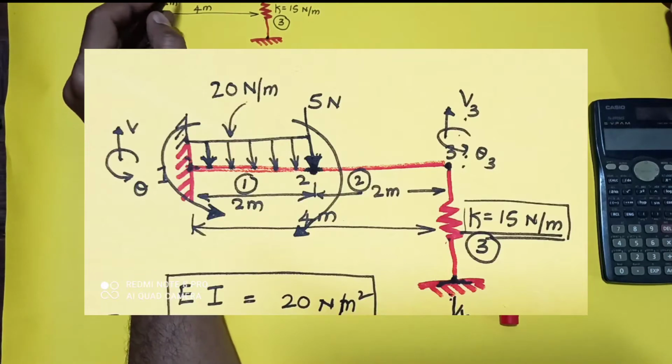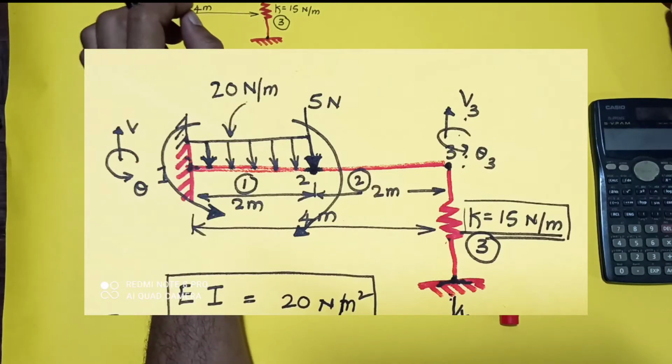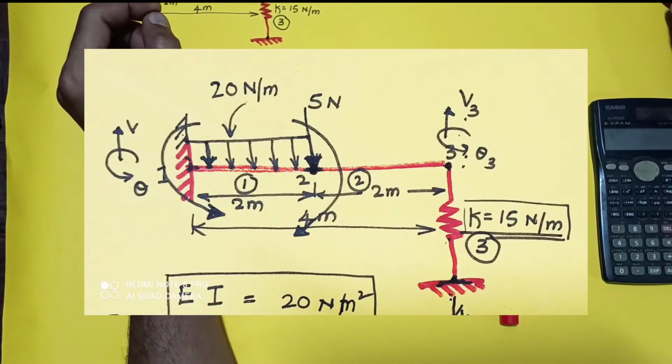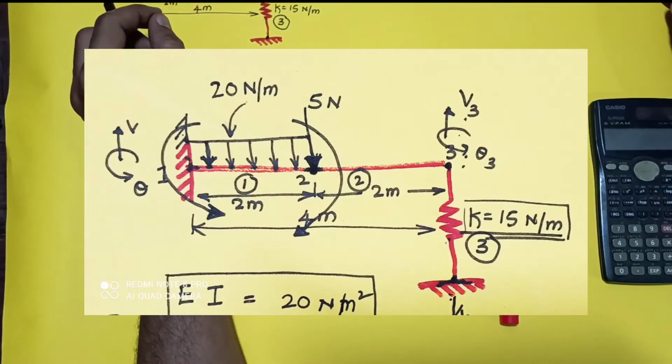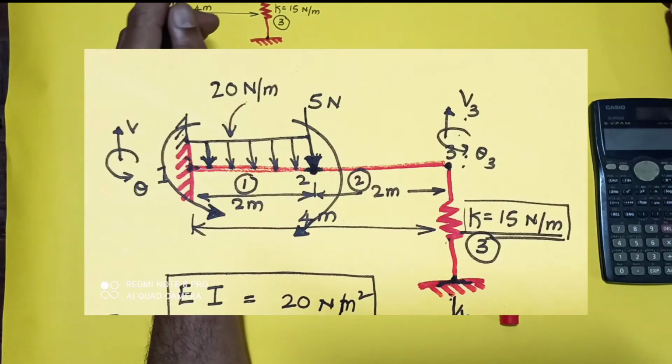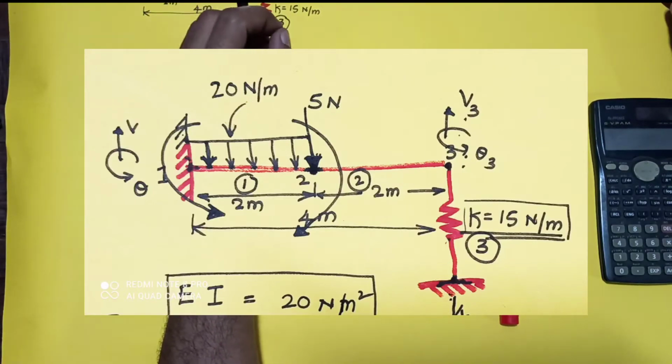Now when solving this problem, for 1 to 2 we need to consider a beam element. Beam element means that when applying the stiffness matrix, you have to consider the stiffness matrix for the beam element in case of 1 and 2. In case of 3, you have to consider a one dimensional linear element, a bar element.